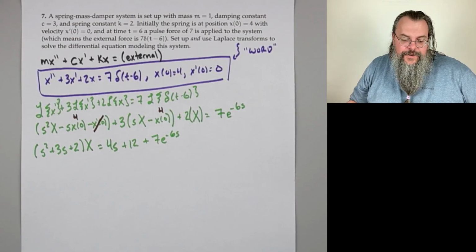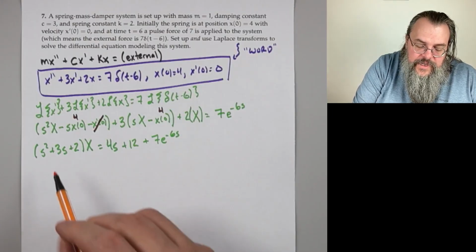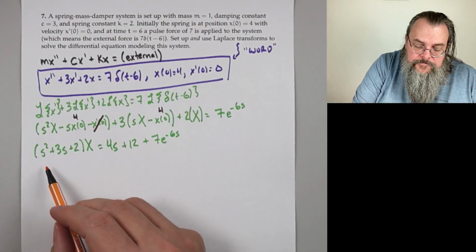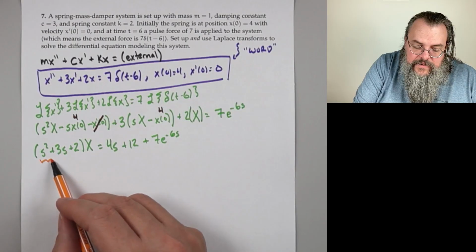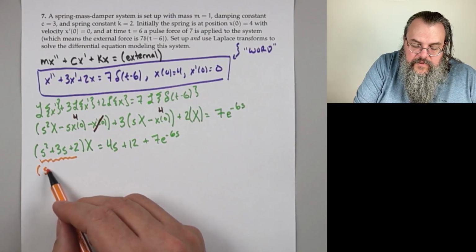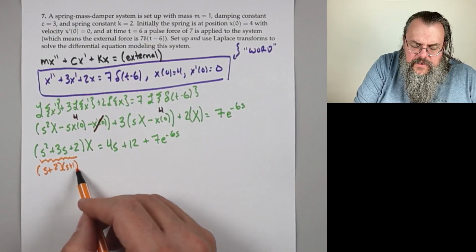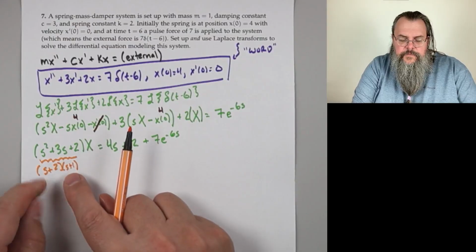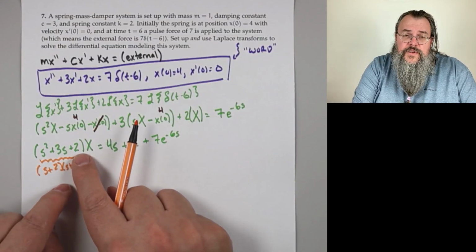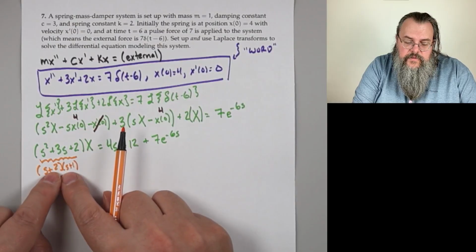And so we say, okay, cool. So now we're almost there. Let's think about this. Now, s squared plus 3s plus 2, what does that become? That's s plus 2 times s plus 1, isn't it? Two things that multiply to 2, add to 3, s squared, yeah, s, 2s, good.